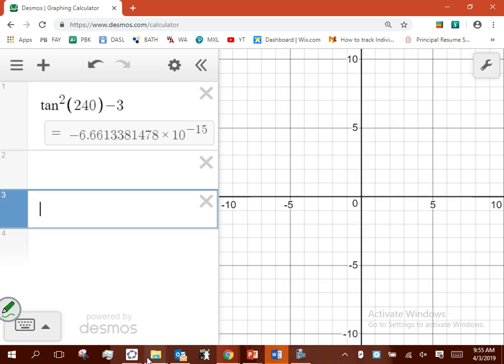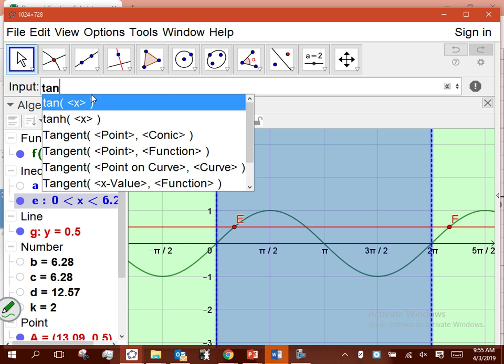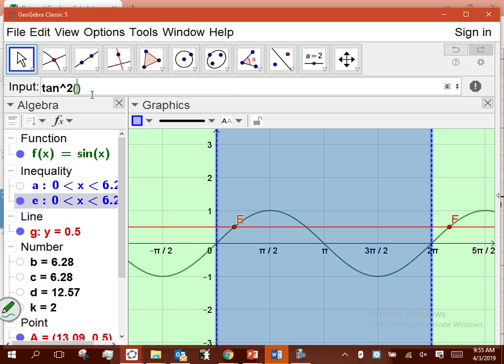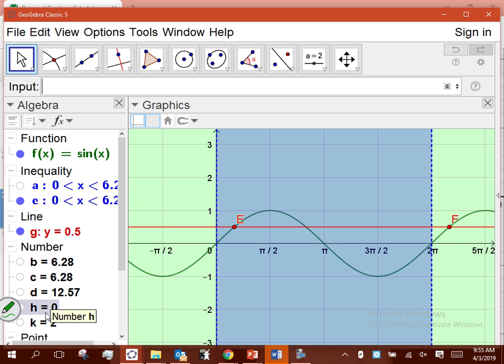If we're in GeoGebra, and I type in tangent squared of 60, which is pi over 3, minus 3, there you see that one gives me 0. GeoGebra gives me 0. I don't know why it does, but some calculators do that. Some calculators, I don't know what they're doing.